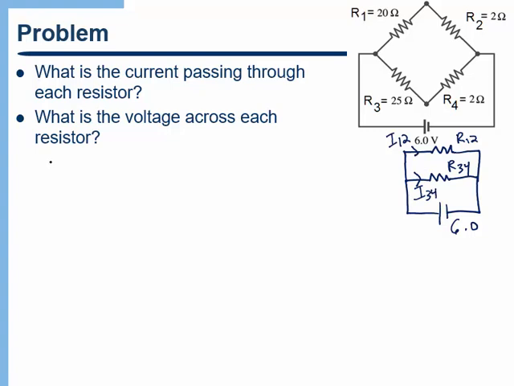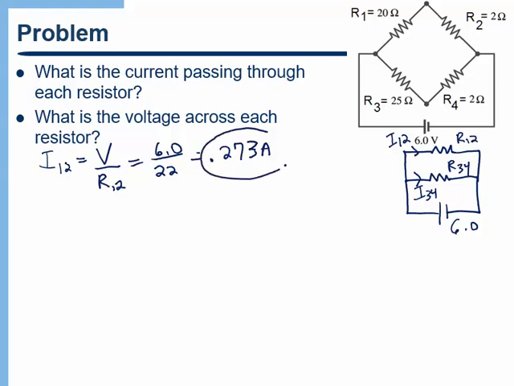I can see that I12 is equal to the voltage of the battery divided by R12. So that's 6 over 22 ohms. And when I did that, I got 0.273 amps.